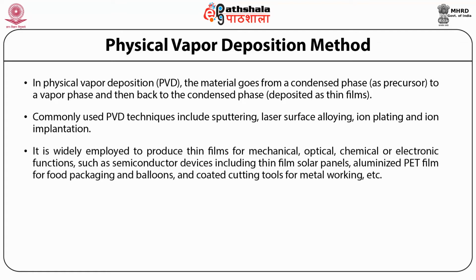It is widely employed to produce thin films for mechanical, optical, chemical, or electronic functions such as semiconductor devices including thin film solar panels, aluminized PET film for food packaging and balloons, and coated cutting tools for metal working, etc. The most frequent coatings developed by this technique are titanium nitride, zirconium nitride, chromium nitride, and titanium aluminum nitride.